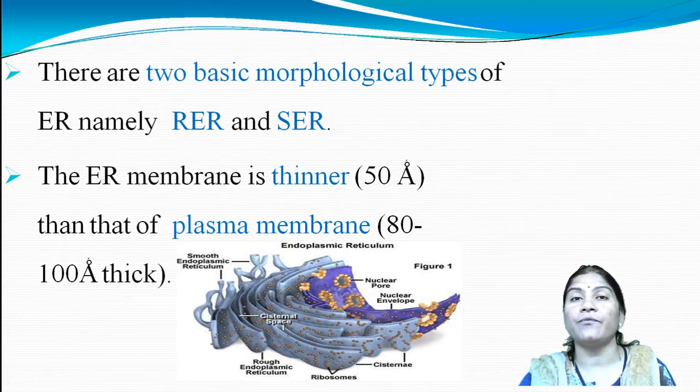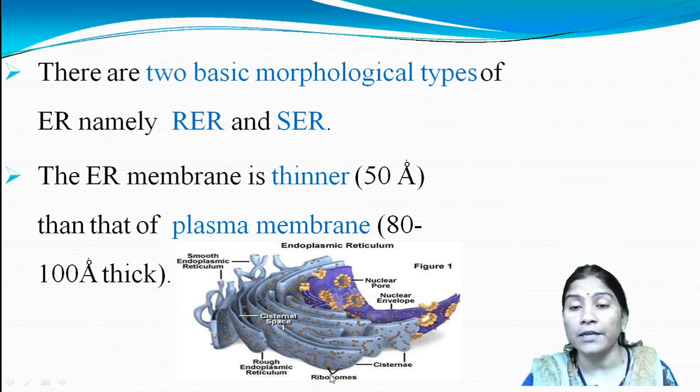When this framework of the endoplasmic reticulum has ribosomes on its surface, its appearance is rough, and because of this roughness it is called the rough endoplasmic reticulum.